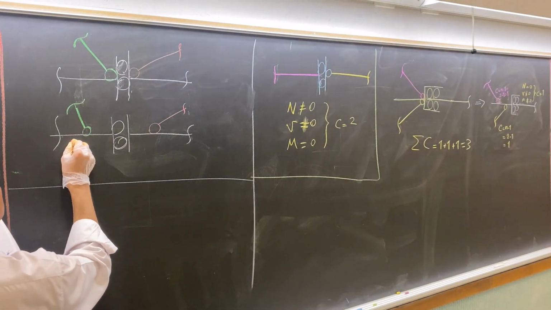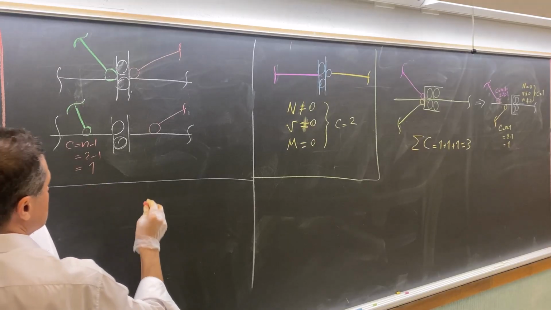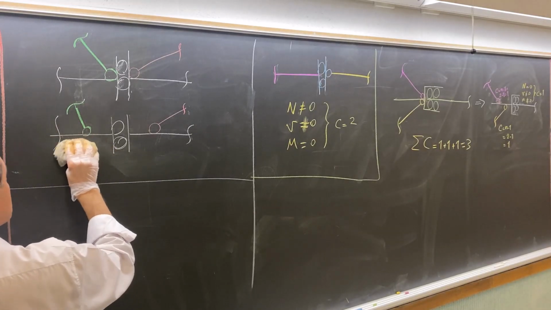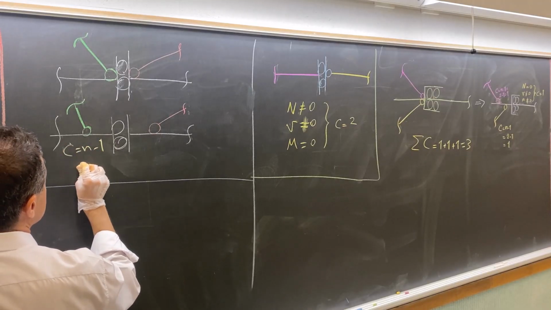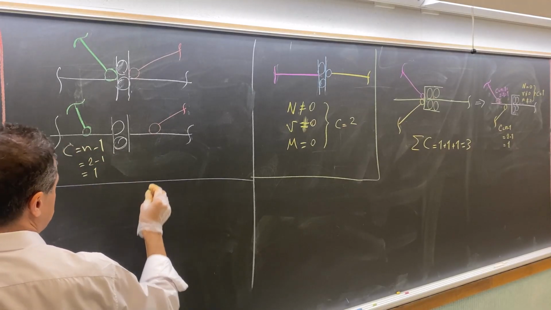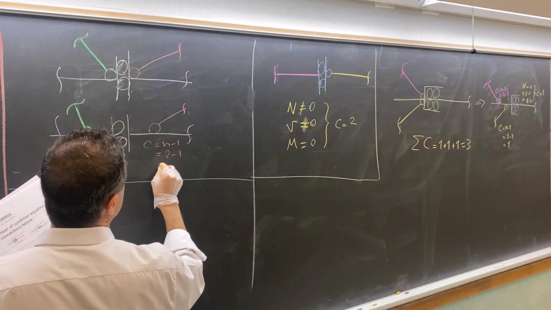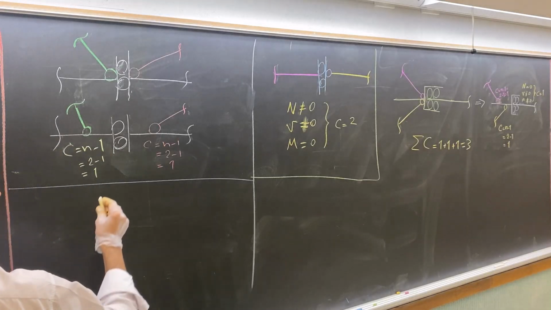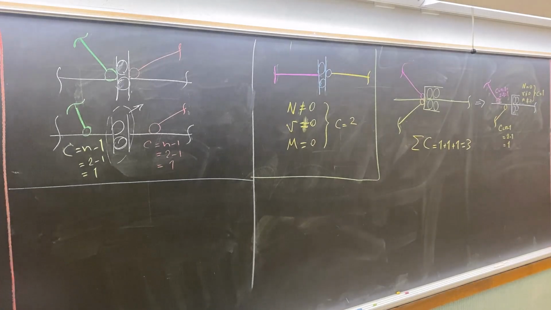Of course for this one, C is n minus 1, which is 2 minus 1, which is 1. For the red one it is the same, n minus 1, 2 minus 1, which is 1. For the shear hinge, it's just 1.